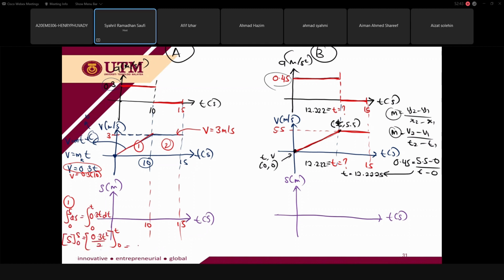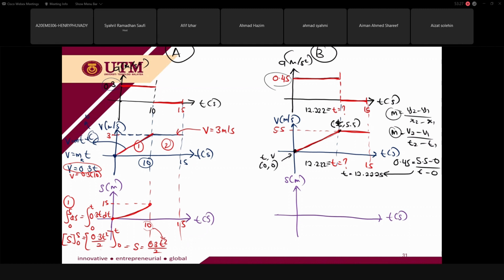At time 0, the displacement will be 0. If you substitute time 10 into this equation, you will get displacement equal to 15. Since this is a positive gradient, it will look like a smile shape.